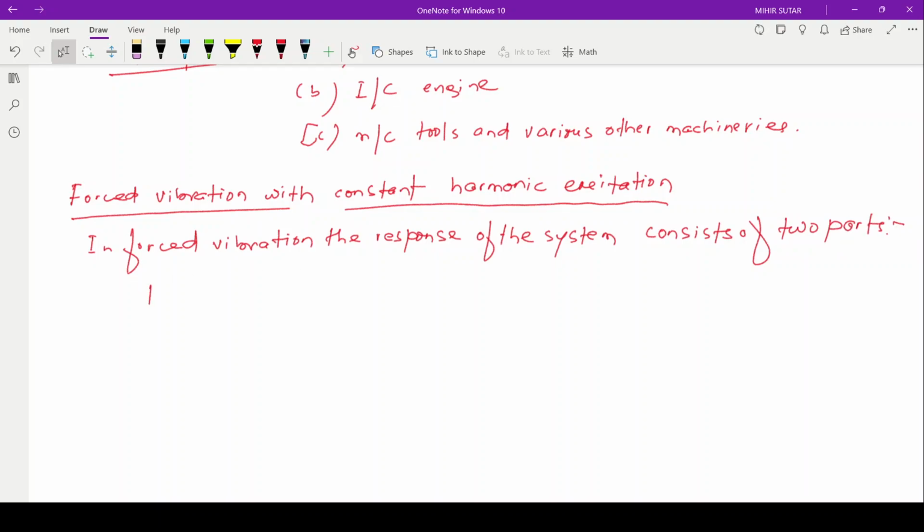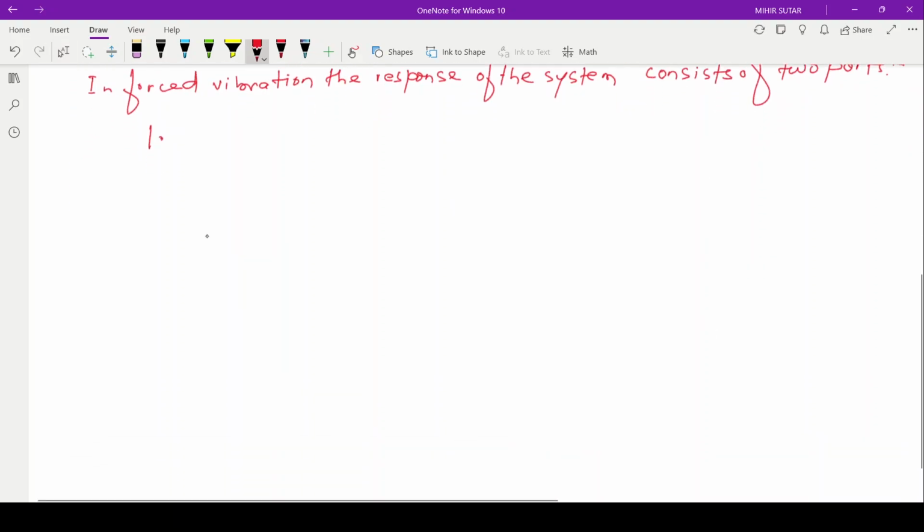What are they? First is your transient response. Response means output, okay?